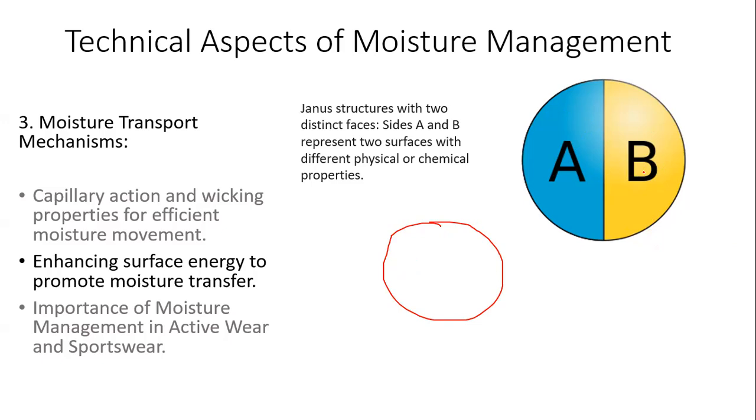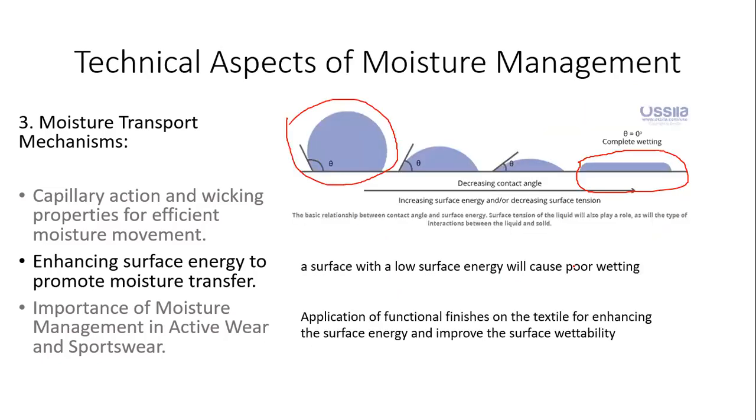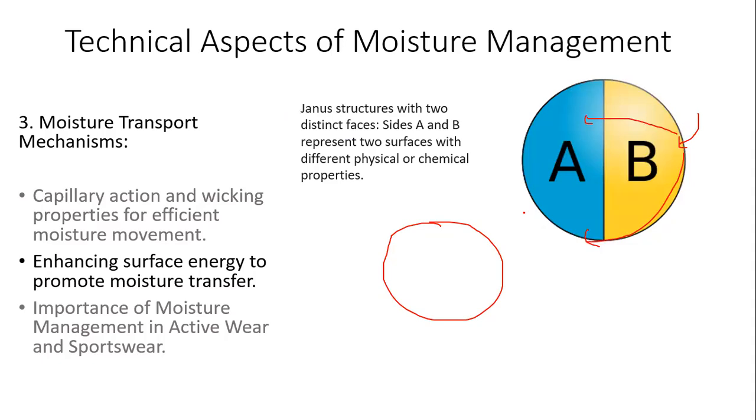Through this Janus application, you can engineer the surface energy because it has different physical and chemical properties. So if it has different surface energies on the two sides, it allows moisture to be absorbed and then wick into a specific area. So these Janus fibers are also engineered fibers, in order to improve the capillary action and the wicking action through surface energy enhancement.